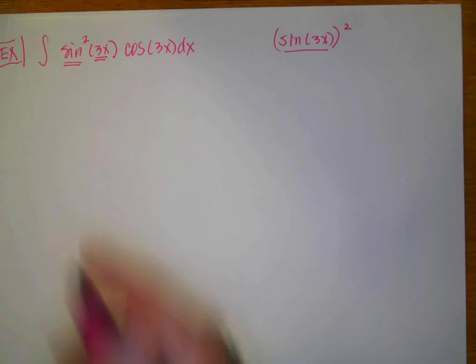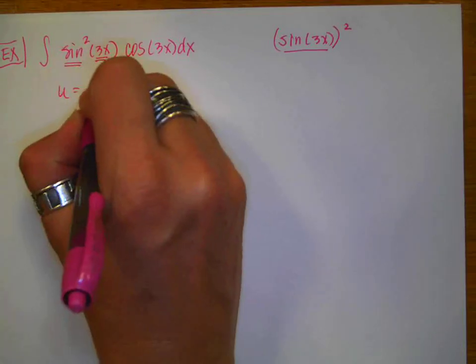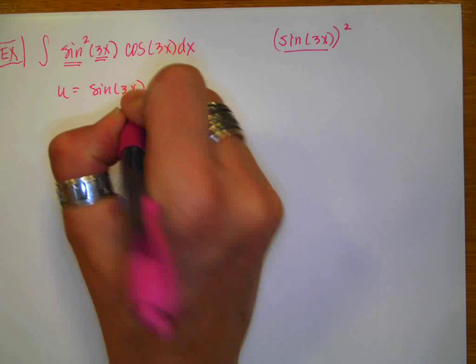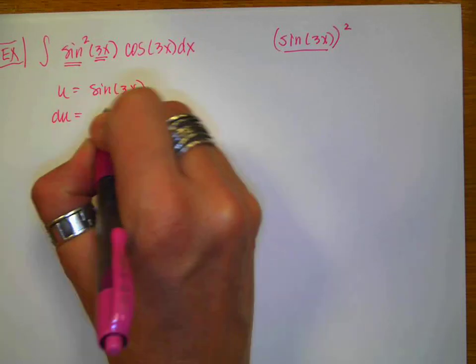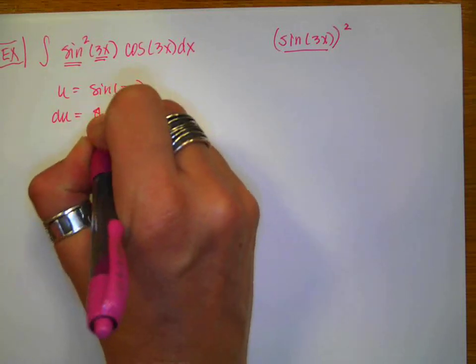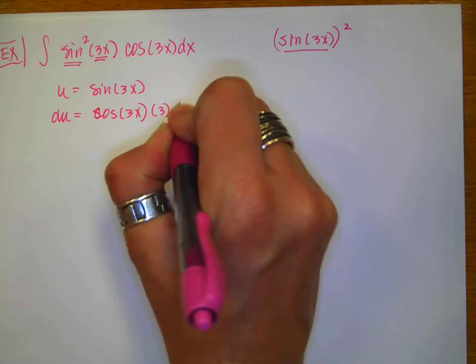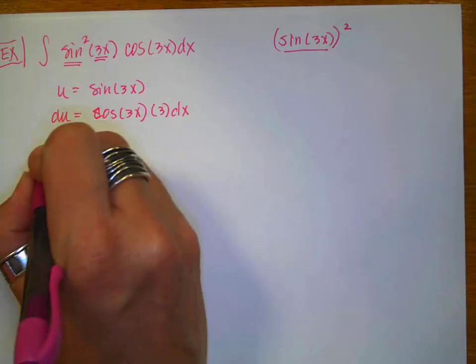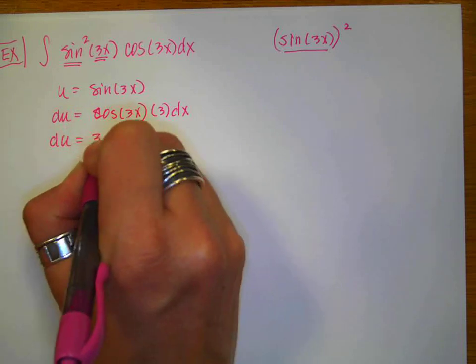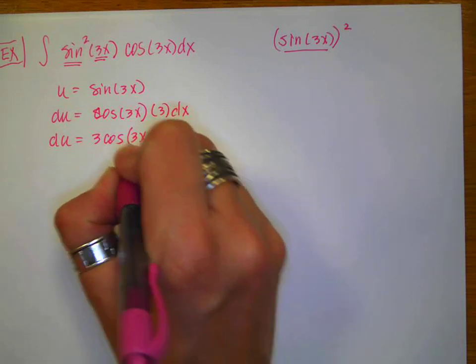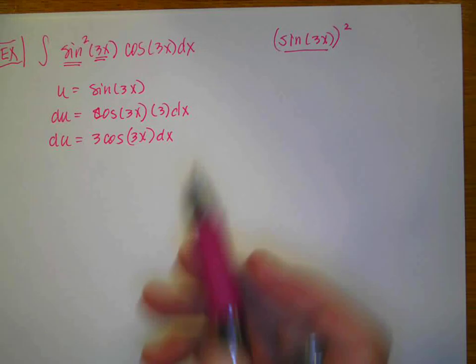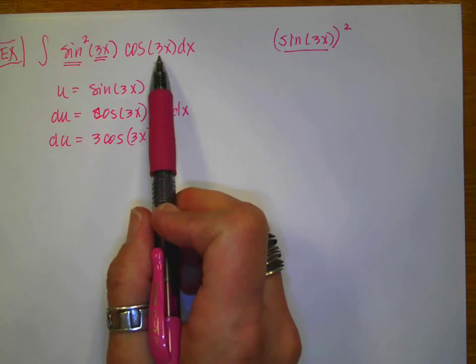So I'm going to let u equal the sine of 3x. So du is going to be the cosine of 3x, chain rule, times 3 dx. If I rewrite that, du is 3 cosine of 3x dx.